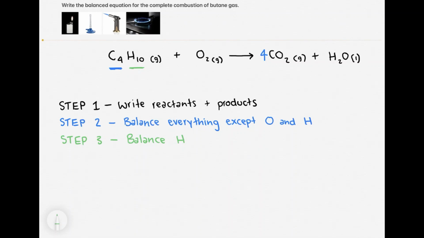Now over on the right-hand side of the equation, we need to use this water, put a 5 coefficient in front, and now we have 10 hydrogen atoms on the right-hand side. So that is our hydrogens balanced.